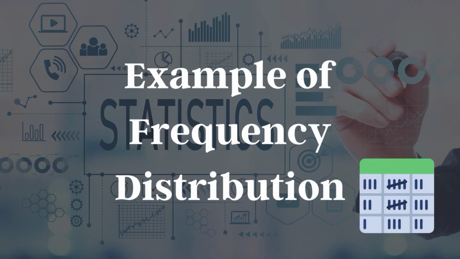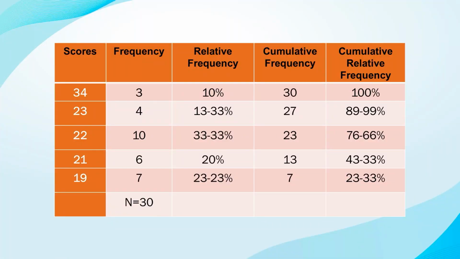For example, here we have the scores and the frequency. The scores are given, the frequency is given, and then the total is given. Now we are going to calculate the relative frequency, the cumulative frequency and the cumulative relative frequency. For example, we divide the values into intervals and then count the number of values in each interval.